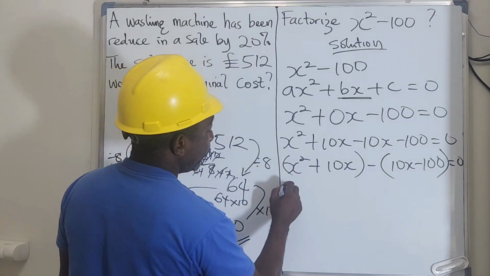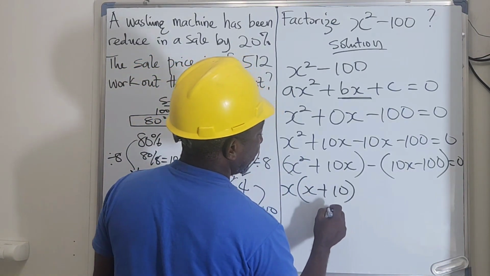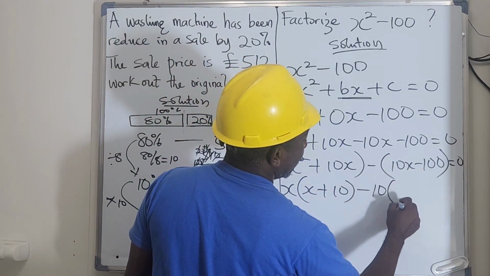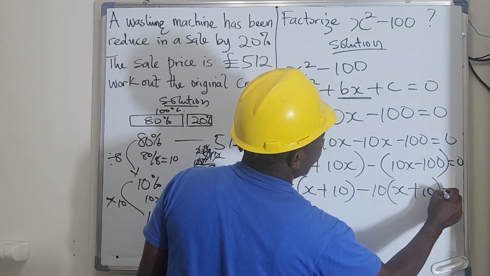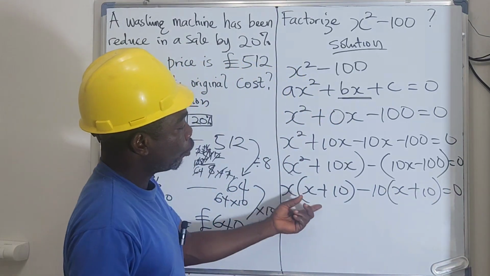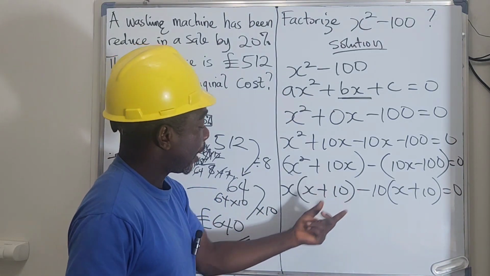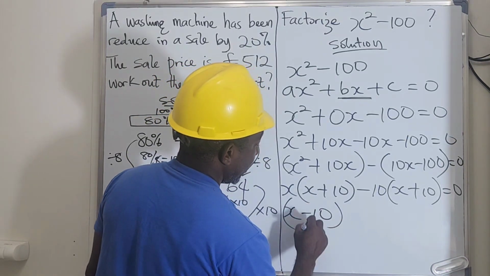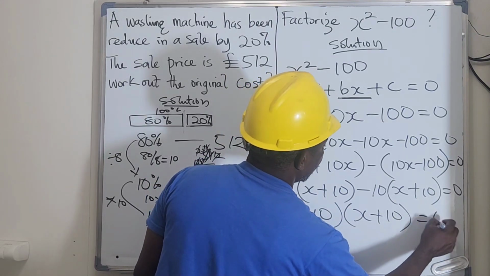This becomes x times x plus 10, minus 10 times x plus 10, equals 0. We have two parentheses, so we take one and take the outer values. So we have x minus 10 times x plus 10 equals 0.